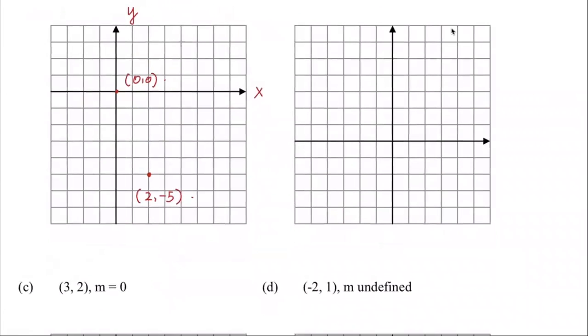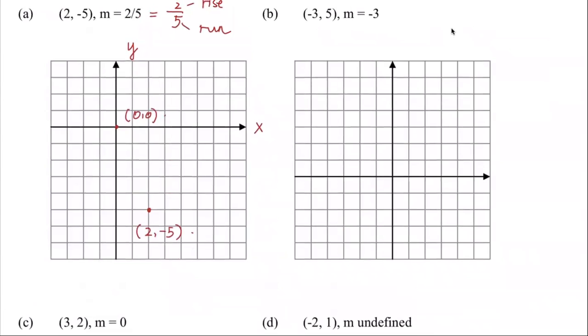So we start from this point. Rise is 2, so we go up 1, 2. And run is 5, so 1, 2, 3, 4, 5. So the second point is over here. This point is directly given, and this point is found using the slope information.